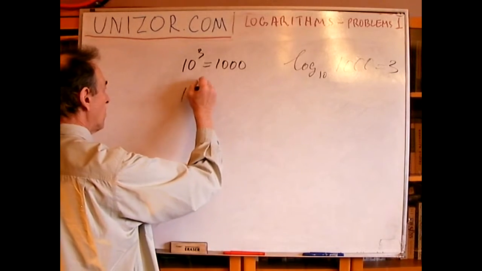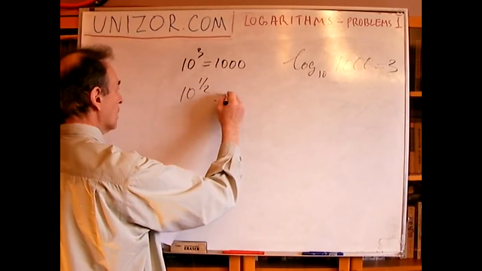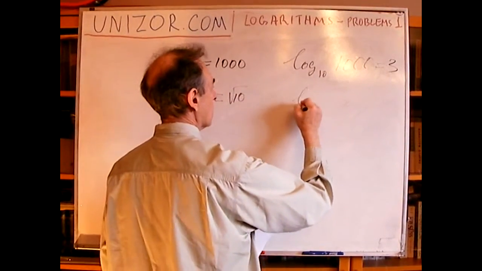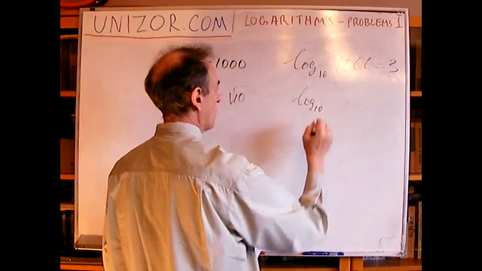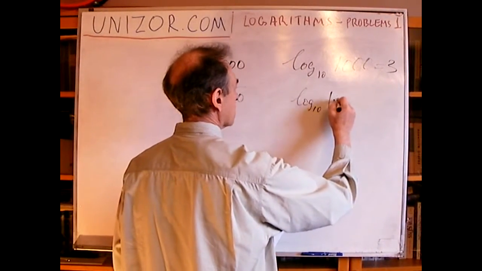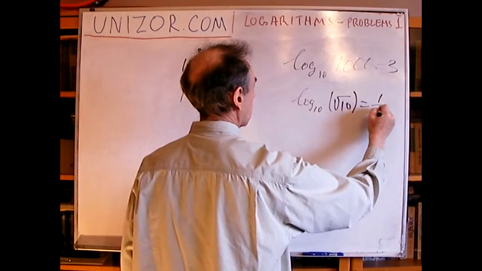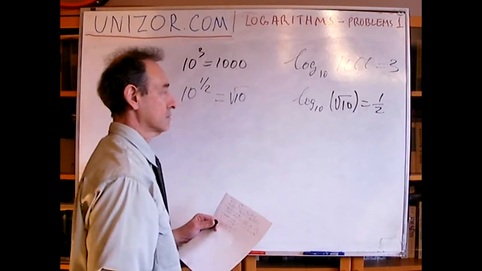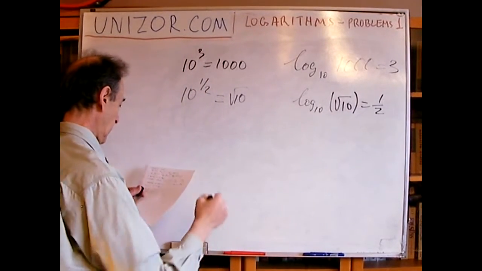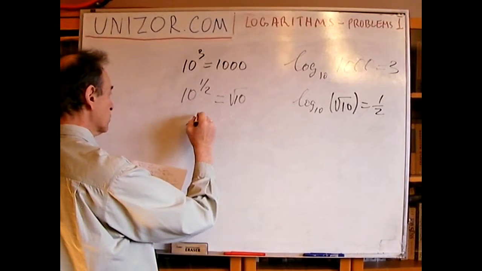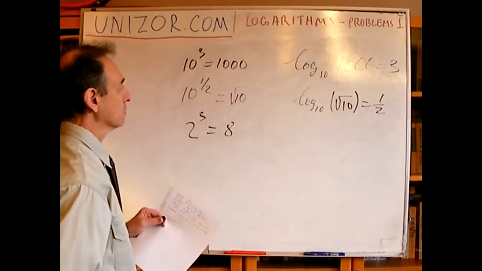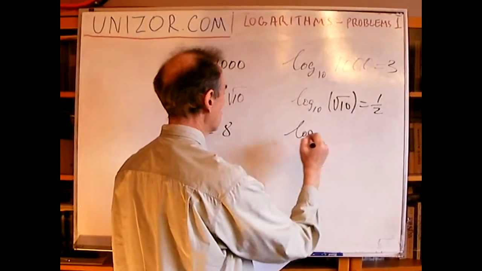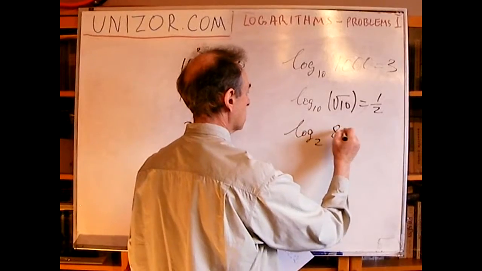Again, 10 to the power 1/2 is equal to square root of 10. Or, alternatively, we can say that log base 10 of square root of 10 is equal to 1/2, which means 10 to the power of 1/2 is equal to square root of 10. 2 to the third degree is equal to 8 means the same thing as log base 2 of 8 is 3.